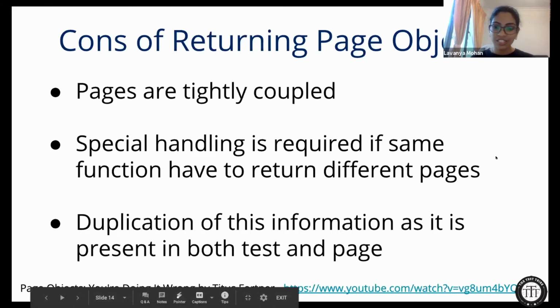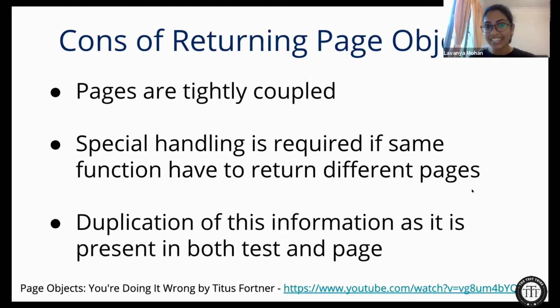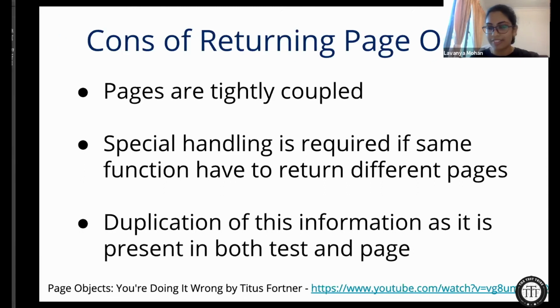Yeah, so there's a talk by Titus Fortner, which I have linked here. And he is strongly against returning page objects. And I'm also actually tending towards this now. But since most of us return page objects anyway, let's see how to write good code even on returning page objects from our methods.